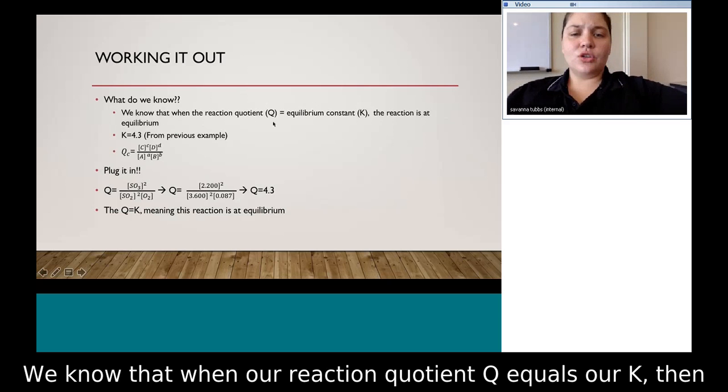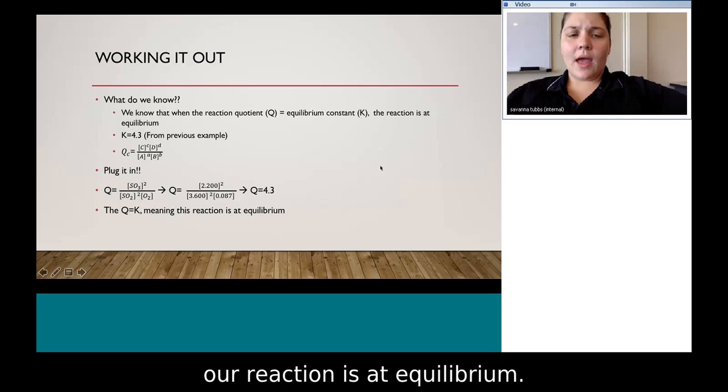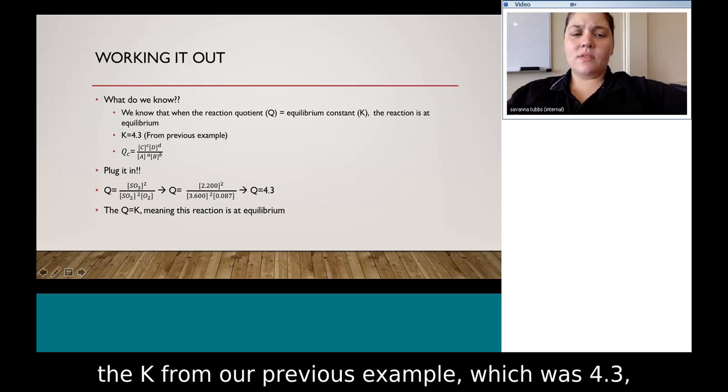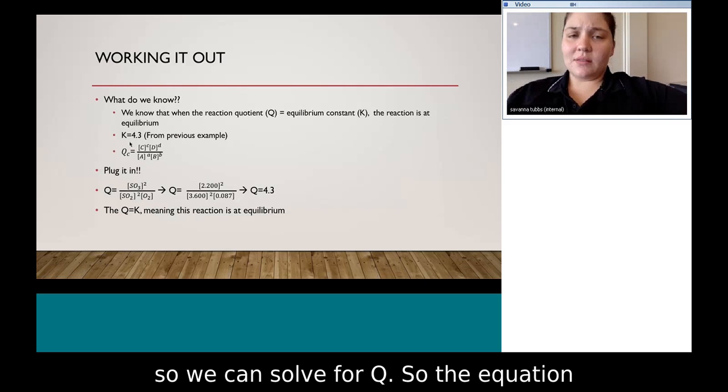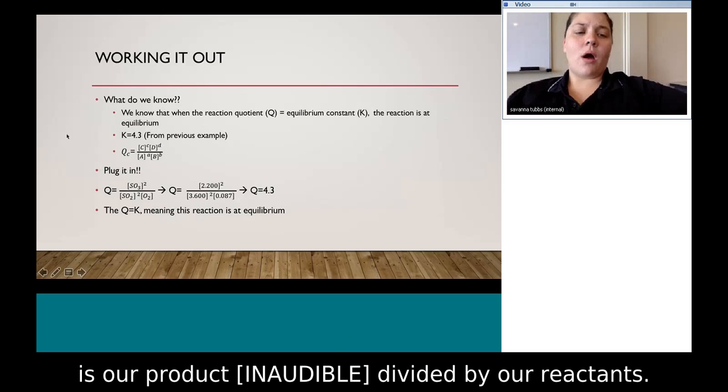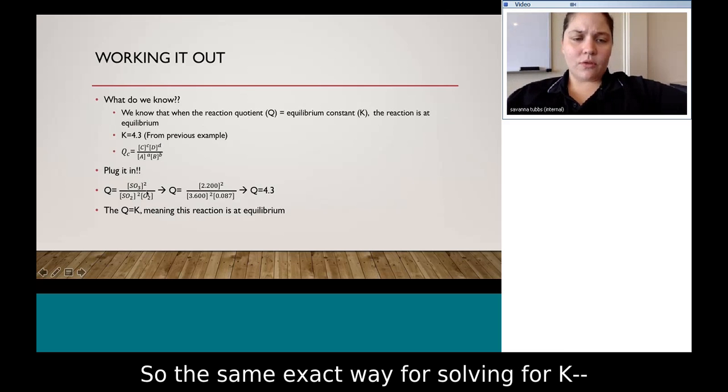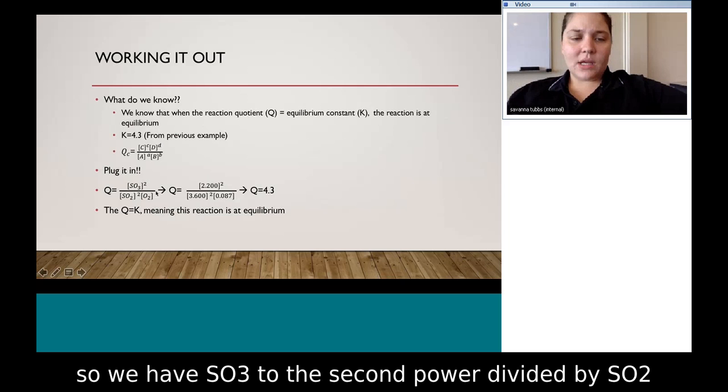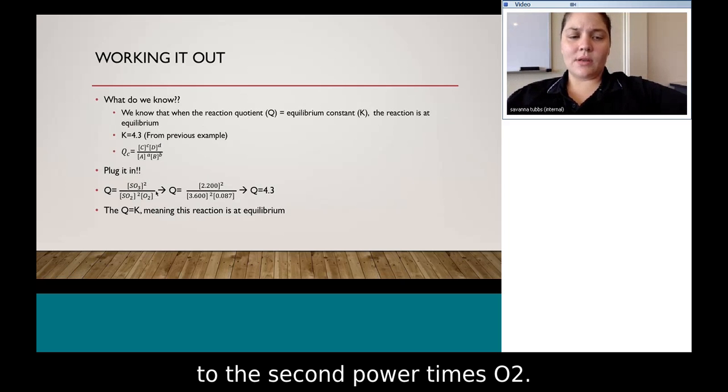We know that when our reaction quotient, Q, equals our K, then our reaction is at equilibrium. And they want us to use the K from our previous example, which was 4.3, so we can solve for Q. So the equation is our products divided by our reactants, the same exact way as solving for K. So we have SO3 to the second power divided by SO2 to the second power times O2.